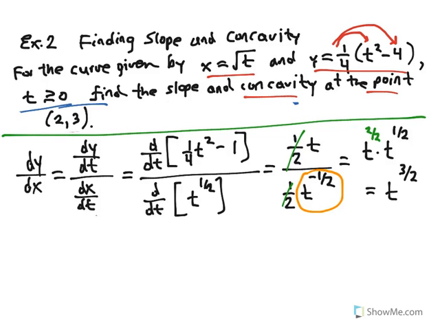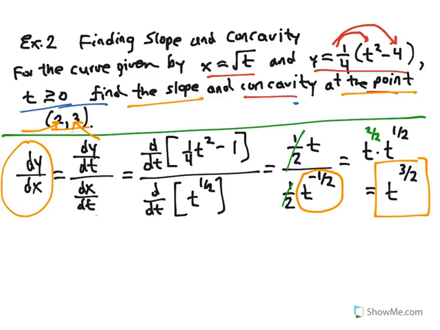You will notice that the problem is asking us to find the slope at the point (2, 3). But when you look at dy/dx, which will tell us the slope, it is a function of t. Now, 2 is an x-coordinate, and 3 is a y-coordinate.